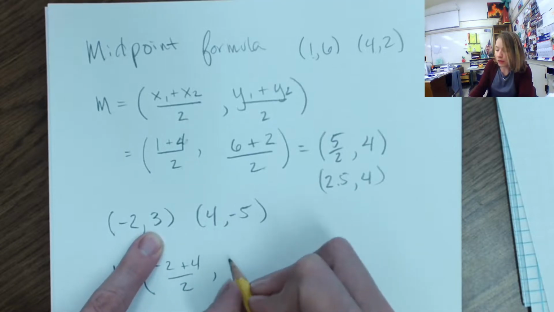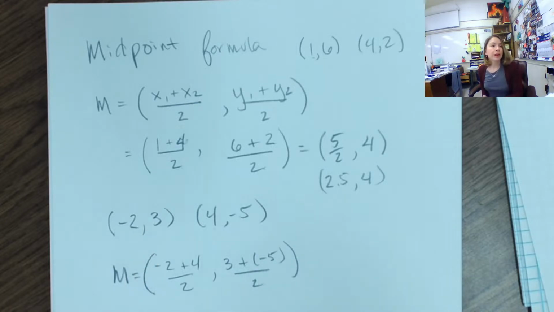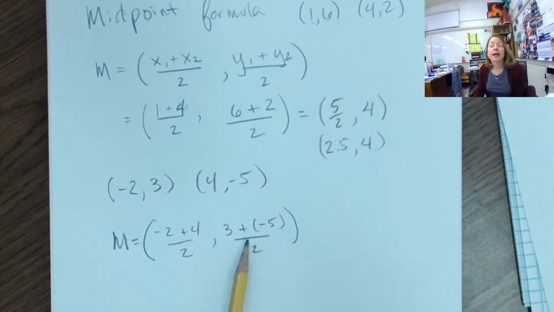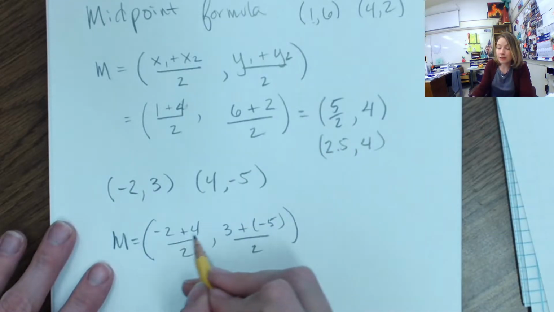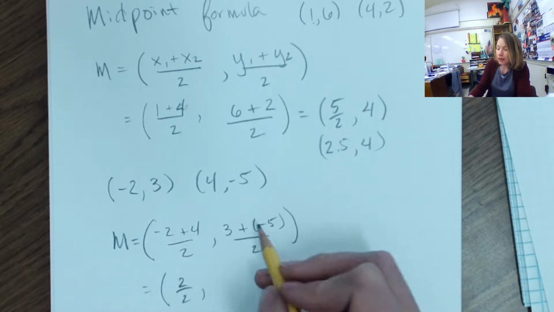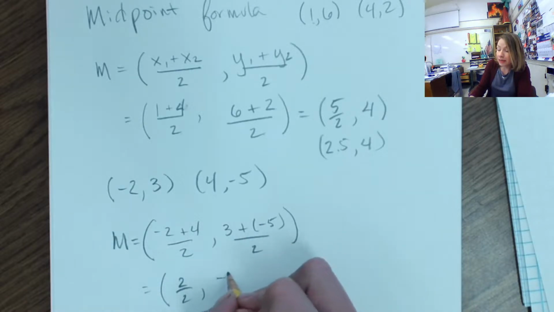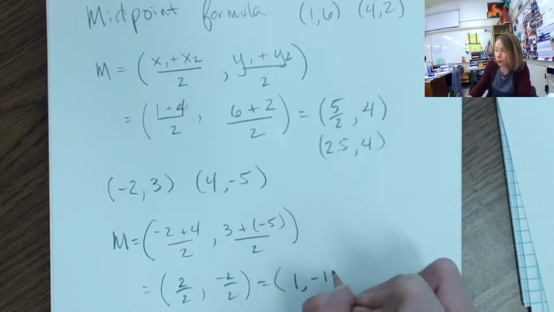And then I've got 3 plus -5 all over 2, right? In this case, I've got opposite signs, so I have to make sure that even though I'm adding them together, I'm paying attention to integer rules, and these are actually going to end up being subtracted, right? So I'm going to have 2 over 2, and then this is going to be -2 over 2, which gives me a coordinate of (1, -1).